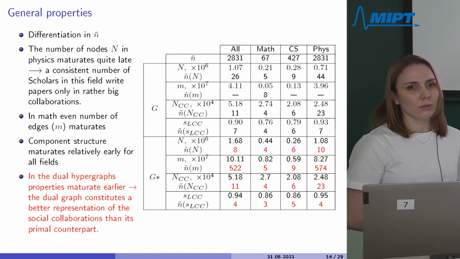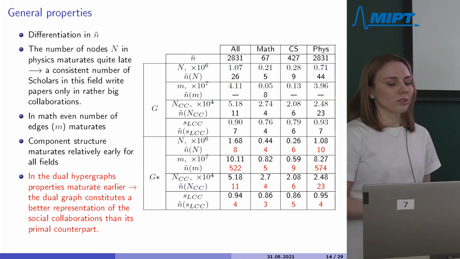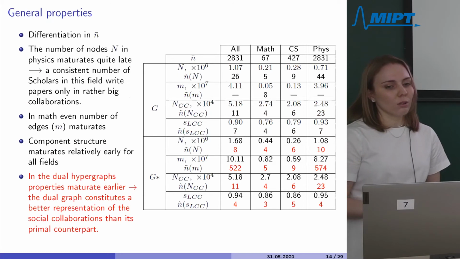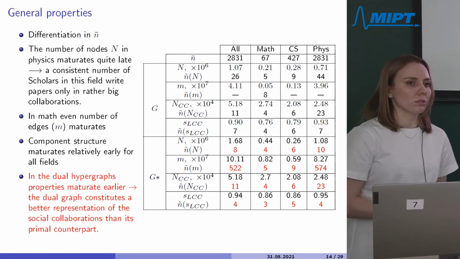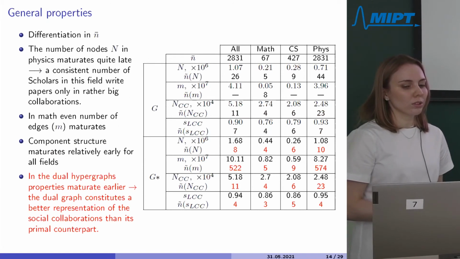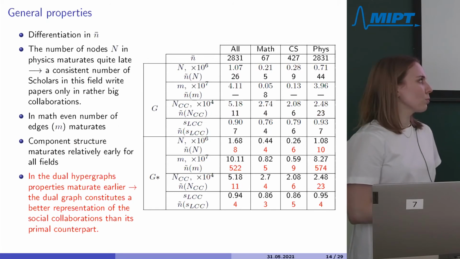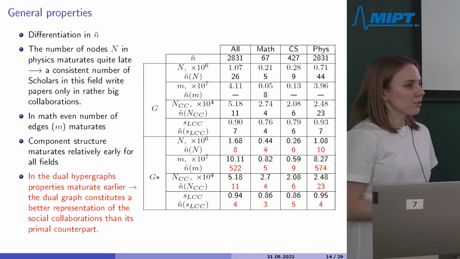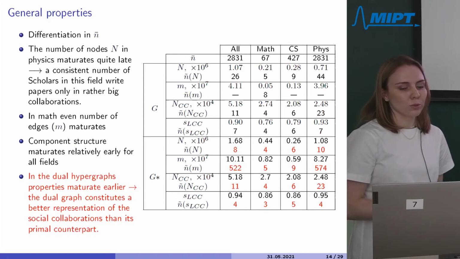And finally, we can see that in the dual graphs, all of the properties maturate relatively early. Therefore, these objects are better representations of the process in terms of maturation.